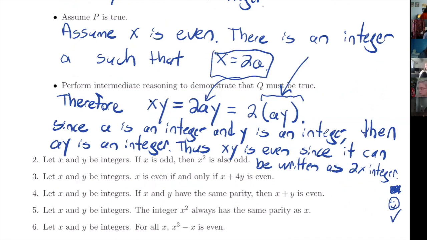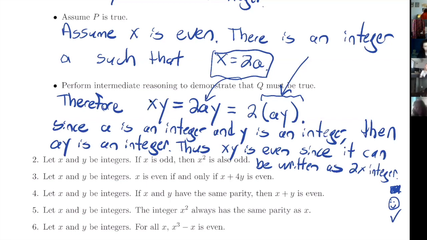I have a question. Yeah. So we don't necessarily have to prove things like x equals 2a. We can take other proven statements to prove our statements. Is that right? We are allowed to say that x is equal to 2a because that's our assumption.